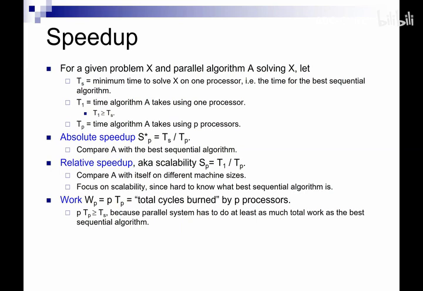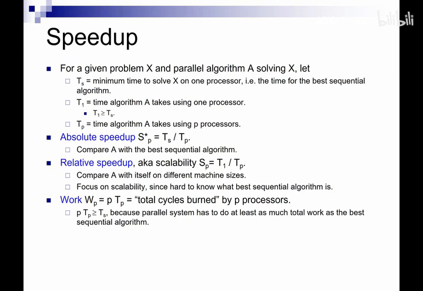Now, we have this property that P times TP, or the amount of work, is going to be at least T sub S. This is because T sub S is the running time of the best sequential algorithm. Because the sequential algorithm is using just one processor, the running time of that algorithm is equal to the amount of work that it's doing.